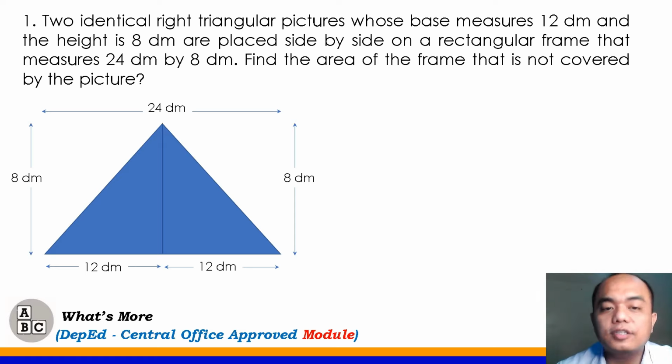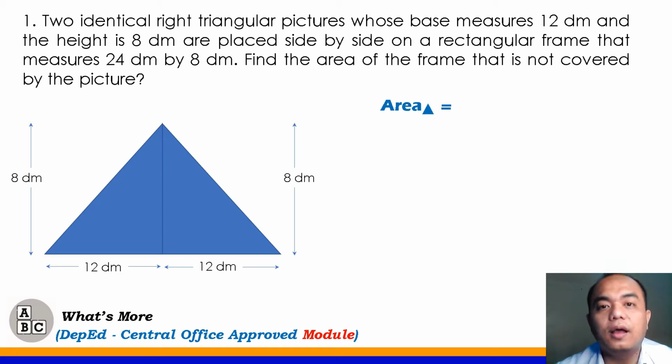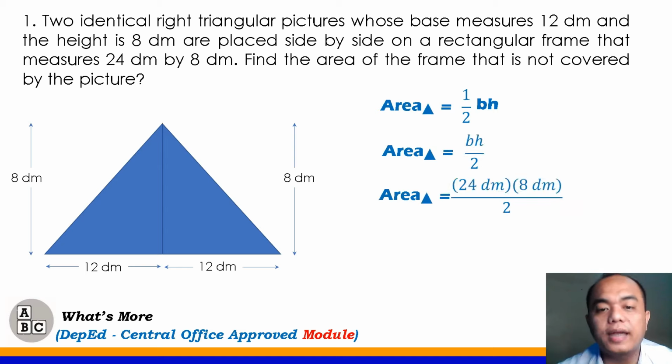So, let us first solve the area of our triangle here. This represents your pictures. Again, we will use the area of a triangle formula, which is 1/2 times base times height. The base here is 24 and the height is 8.